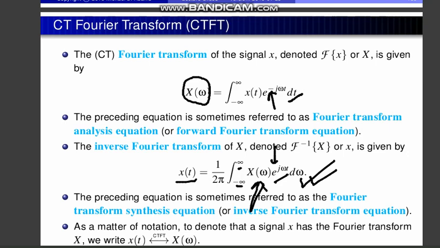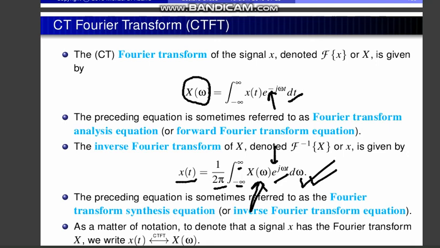Another thing is the 1 by 2 pi, which is the full cycle of a circular or periodic form of sinusoidal or trigonometric expressions. So it is 1 by 2 pi, integration from minus infinity to plus infinity, X(omega) e to the power plus j omega t d omega. This equation is sometimes referred to as the Fourier transform synthesis equation, or the inverse Fourier transform equation.